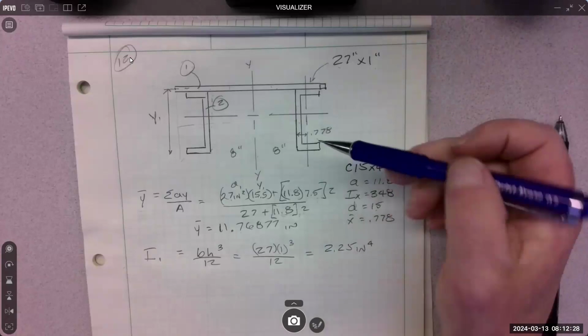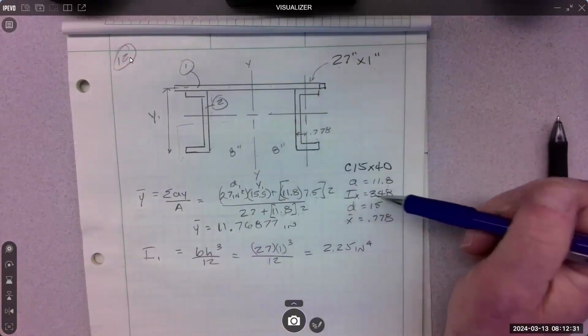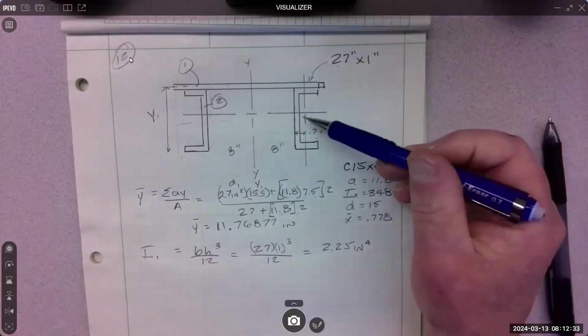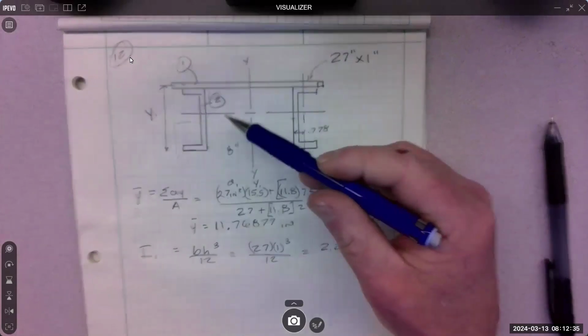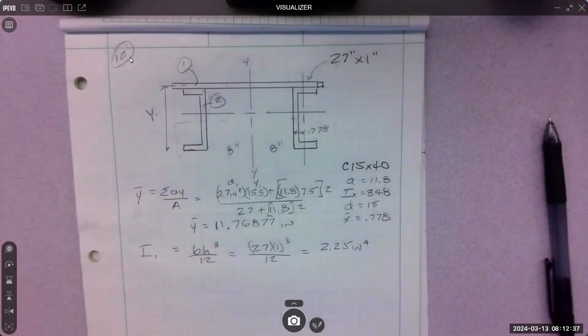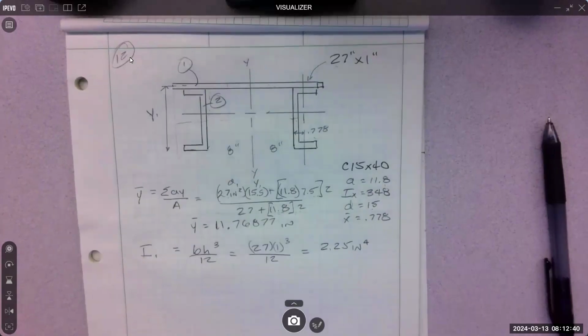We already know the inertia of the C shape because we can look it up. It's 348 about its centroidal axis. Now we need the transfer distances, D1 and D2.